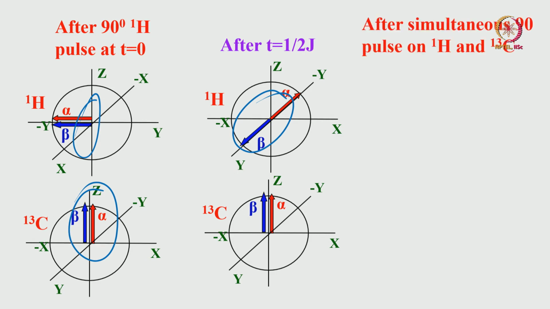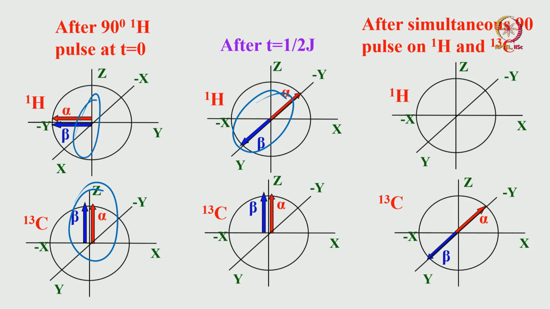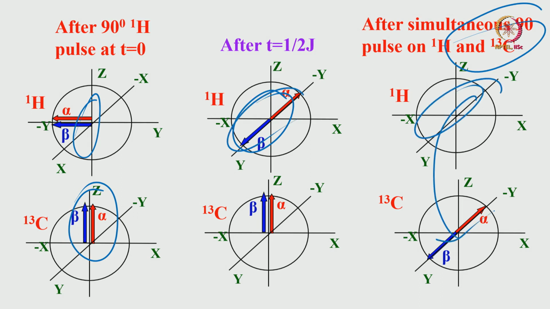Now what I will do is, I will apply pulse on proton and also on carbon 13, simultaneously 90 on both of them. What happened? This antiphase which was here moved here. This is diagrammatically what is happening for the magnetization after 1 over 2J and after simultaneous application of both the 90 pulses on both proton and carbon 13.